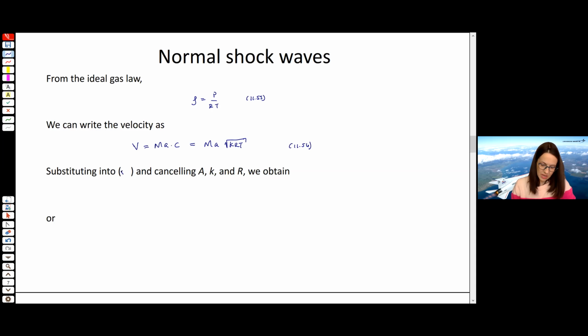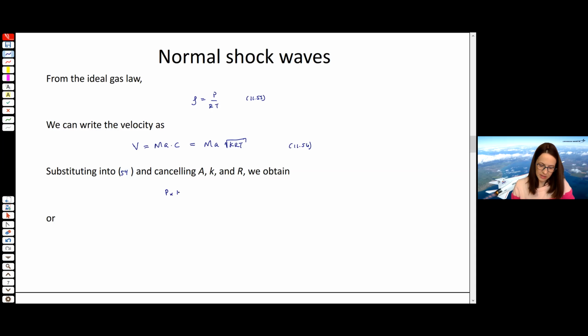Now, if we take 11.54, which is just the continuity equation, and we substitute this new expression, 11.56, into 11.54, the continuity equation, we cancel out the area, ratio of specific heats, and the gas constant, we get the following expression.